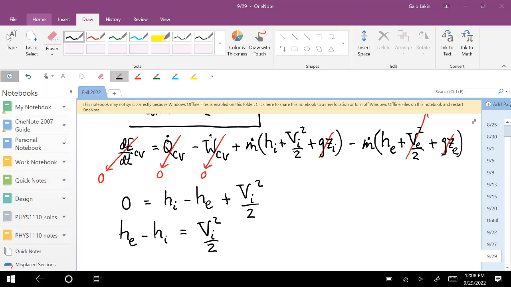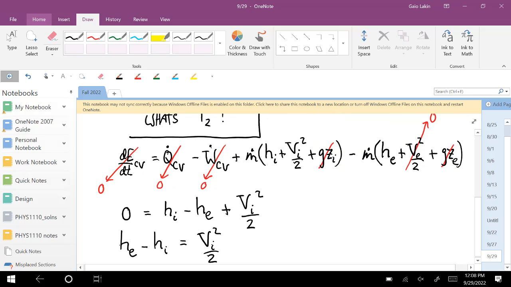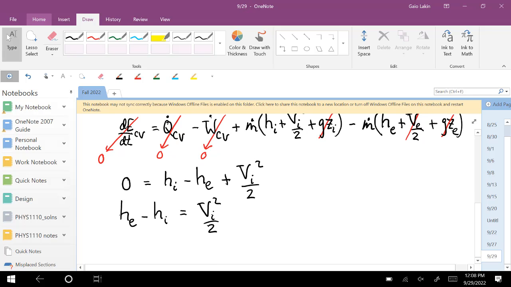And now both of these two sides are going to be positive. So far I haven't really thought about this problem at all. I know it was a diffuser, so I just went through and I knew it was going to be the control volume first law. So I just figured out what we got from that. And this is what we get.